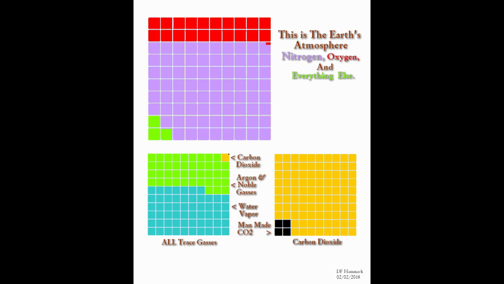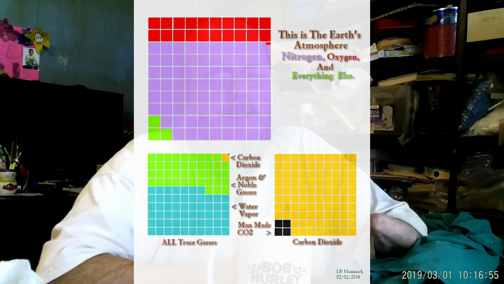As you can see up there, the red is the oxygen. We're around 20-some percent in the oxygen area. Most of it is nitrogen. And then everything else, all the little global warming gases, are down here in those little green squares in the bottom left-hand corner.